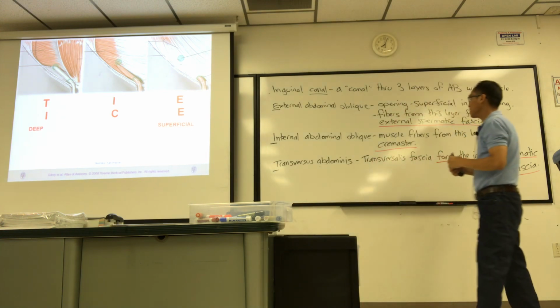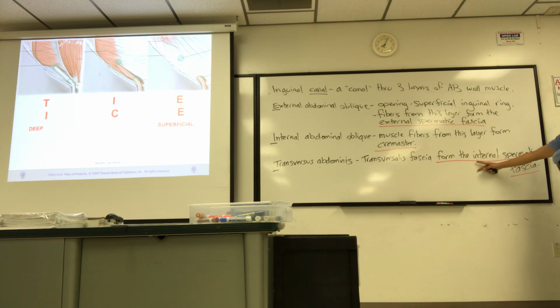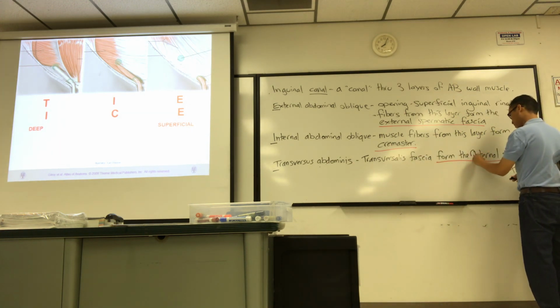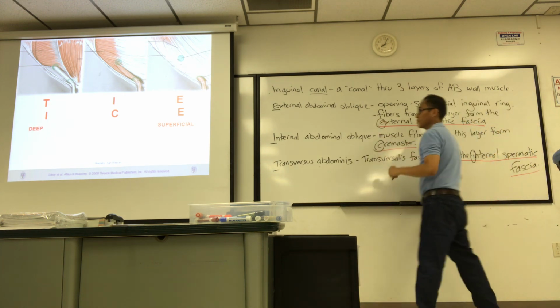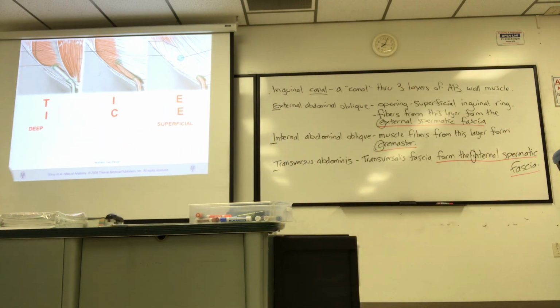And ICE is basically internal spermatic fascia, cremaster, external spermatic fascia. The idea is know which layers came from which ab wall.